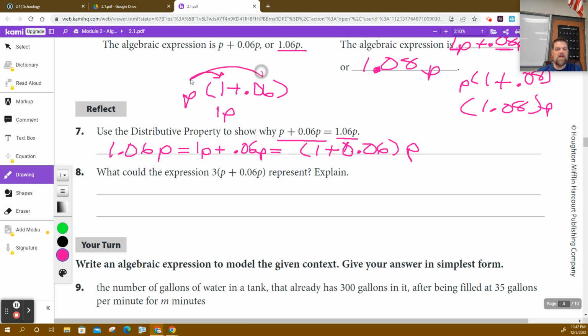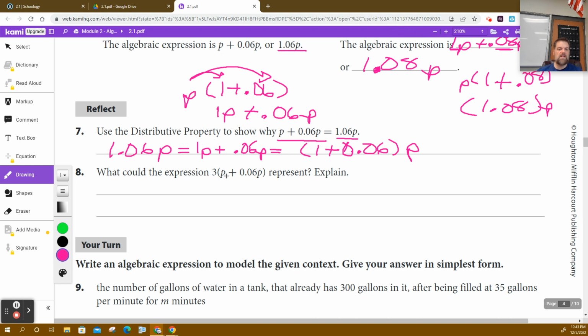Then I multiply the P times this, and I go plus 0.06P.